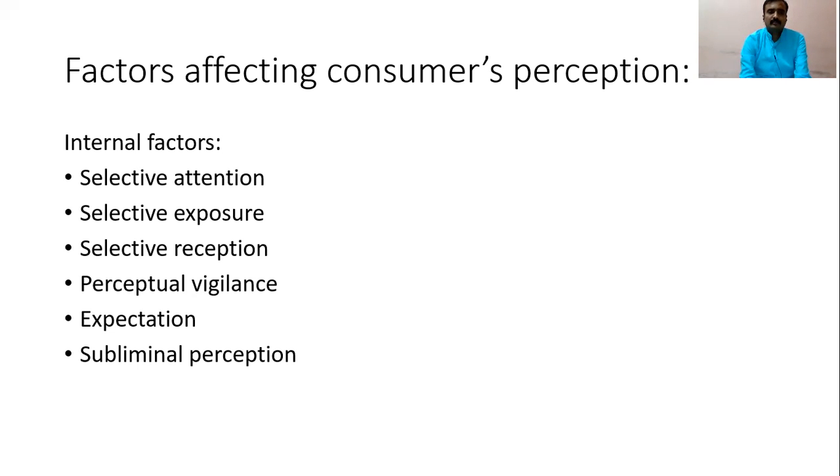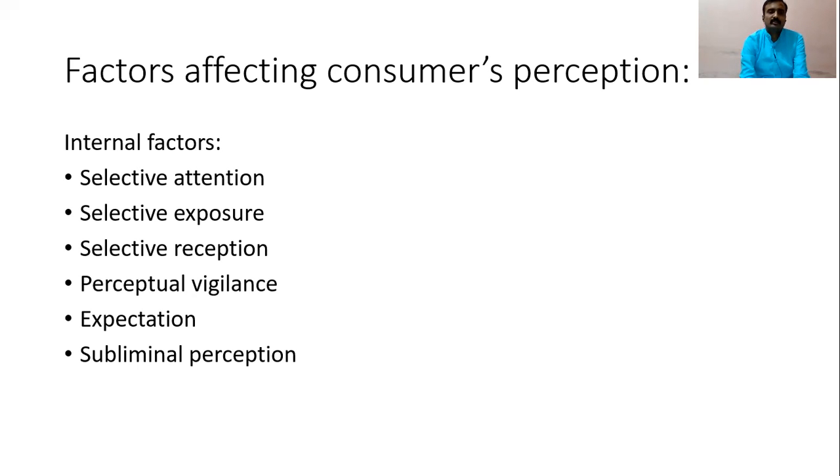Next one is perceptual vigilance, also called perceptual defense. Consumers may subconsciously screen out stimuli which are found to be psychologically threatening, even if the exposure has taken place. Perceptual vigilance refers to the way in which consumers maintain their prior beliefs.